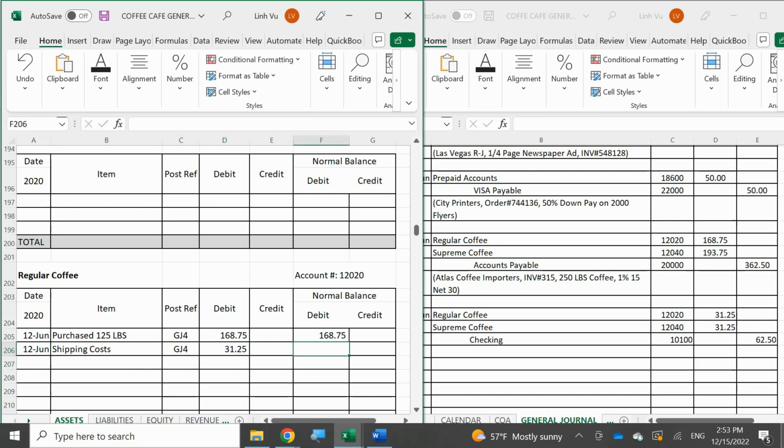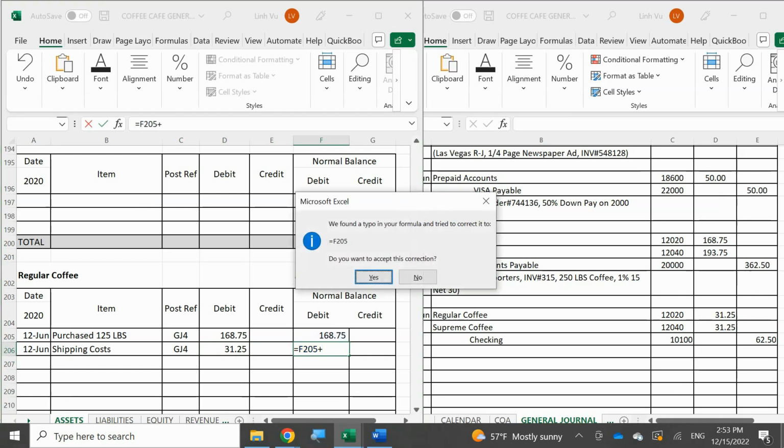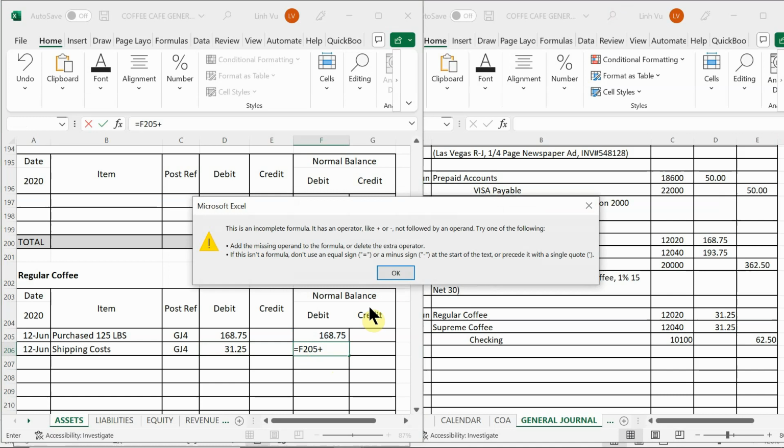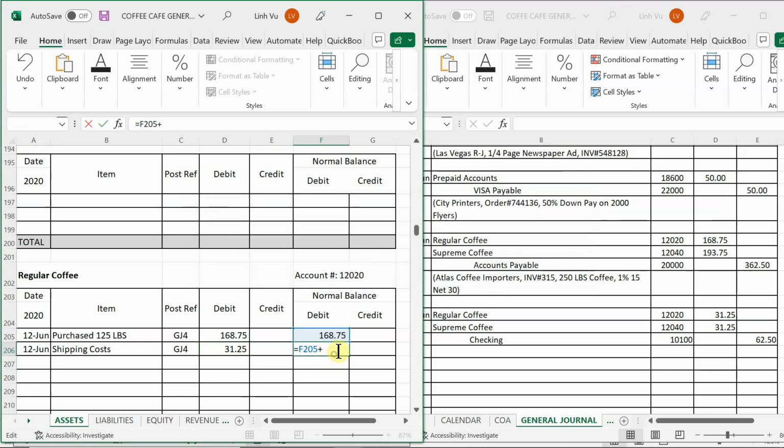Therefore, if you do your formula for your total debits and credits, I should have a total of $200 in my regular coffee.